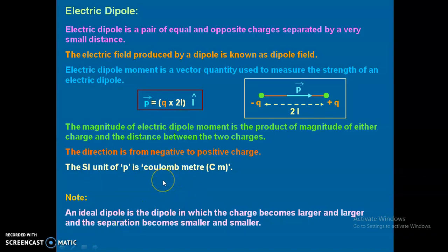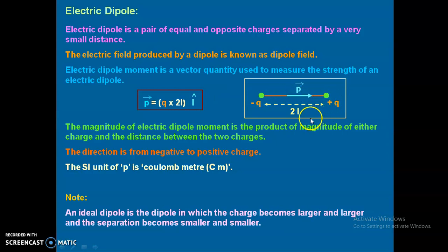Now, in the next video session, we are going to calculate the electric field intensity due to a dipole at two positions. One is on the axial line of the dipole. Axial line will be what? If we extend this line in this direction or this direction, that line will be called the axial line, because this line is along the axis of the dipole.